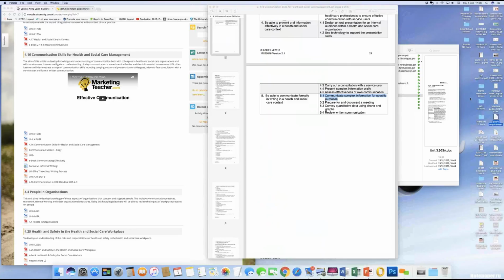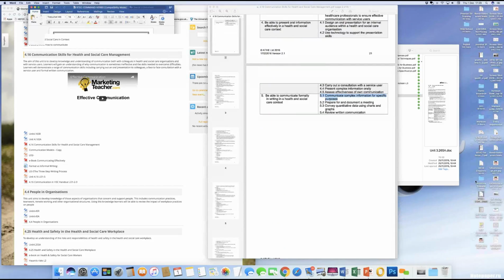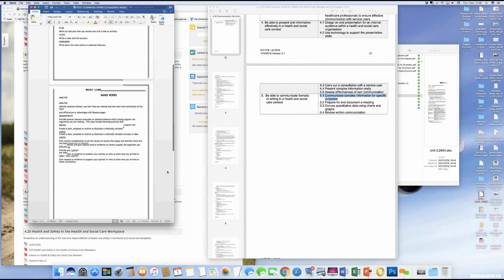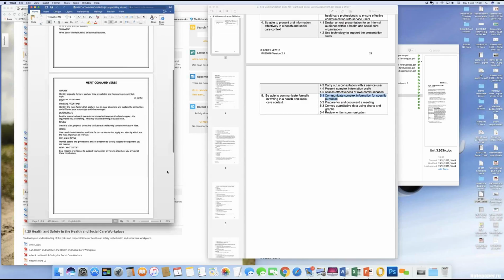Forms of written communication would be things like email, letters, memos. So you have to recap here by writing some of these written communication methods in particular, and then summarize them to be able to cover the task.